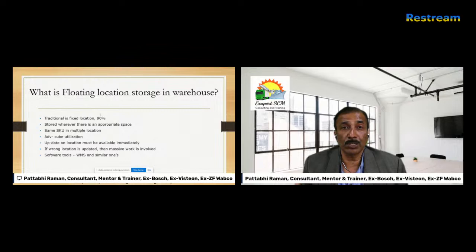And if you follow FIFO, it is also in a position to recommend the location. So more and more such random locations are going to take place in the coming years, because this is going to save space, but you need a system or IT tool to implement it in a better way.